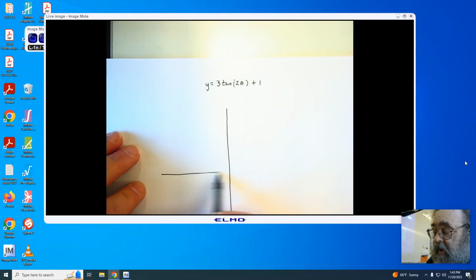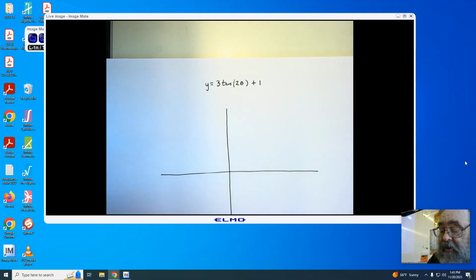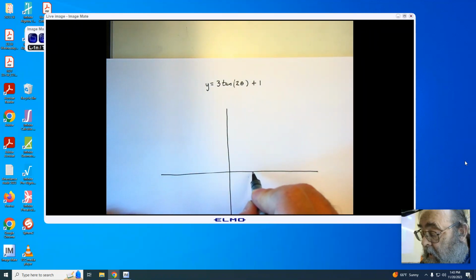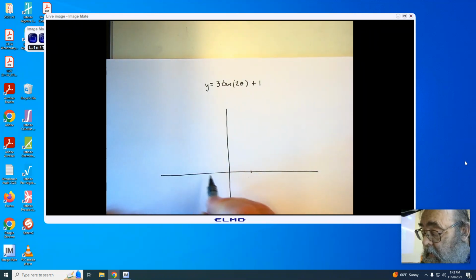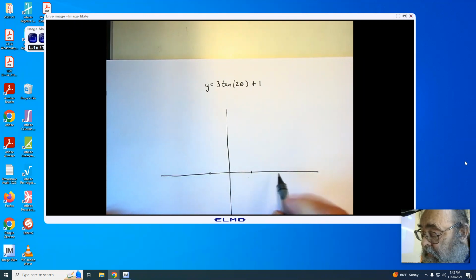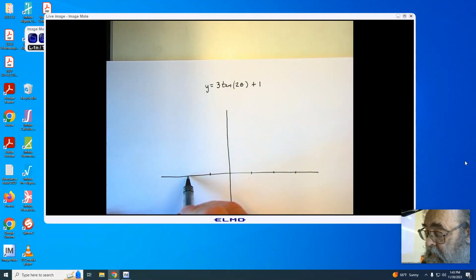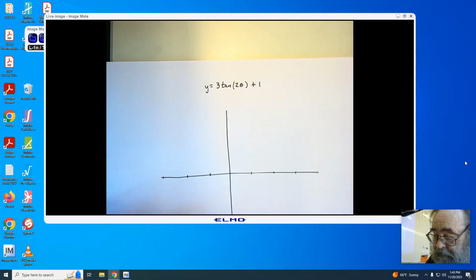Now you notice there is no phase shift, and without a phase shift, we're still dealing with our pi over 2 and our negative pi over 2, followed by pi, 3 pi over 2, negative pi, negative 3 pi over 2.